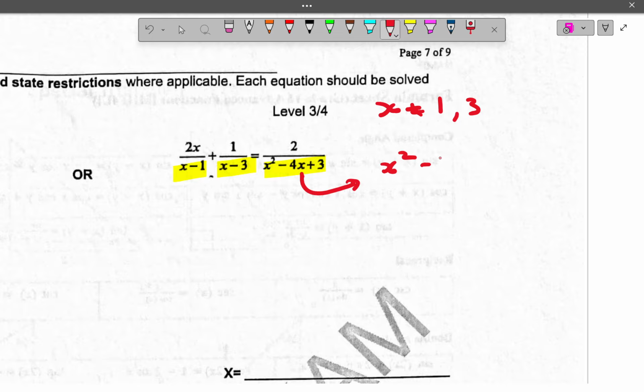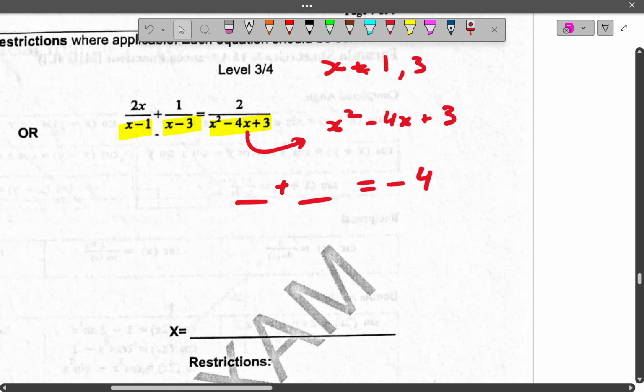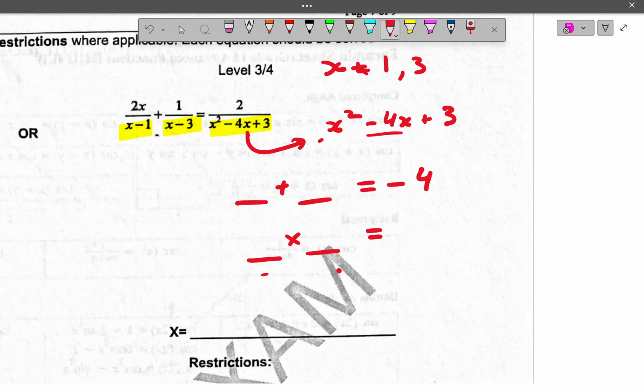So if I have x squared minus 4x plus 3, I'm looking for two numbers that will add up to give me the middle coefficient of negative 4, and two numbers that multiply together to give me a, which in this case is 1, times c. So 1 times 3, or just 3. And so these two numbers would be minus 1 and minus 3.